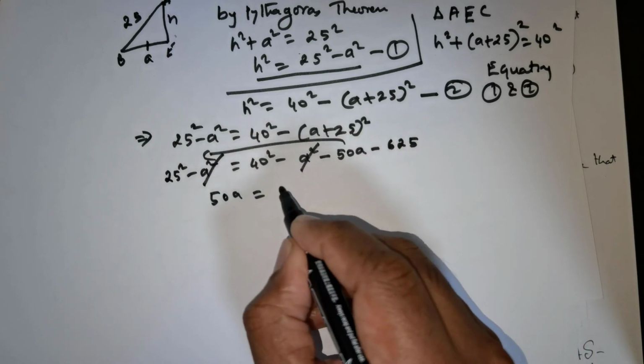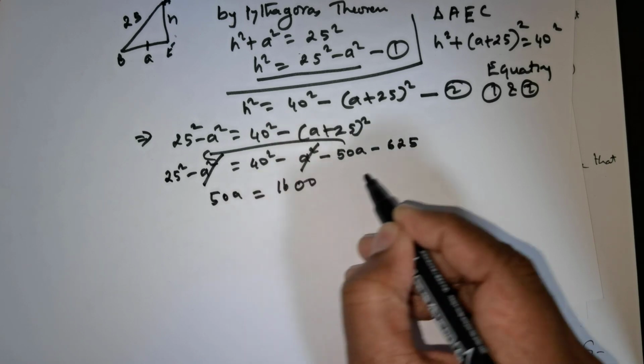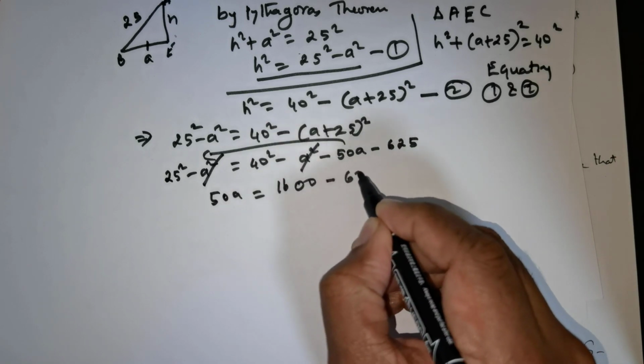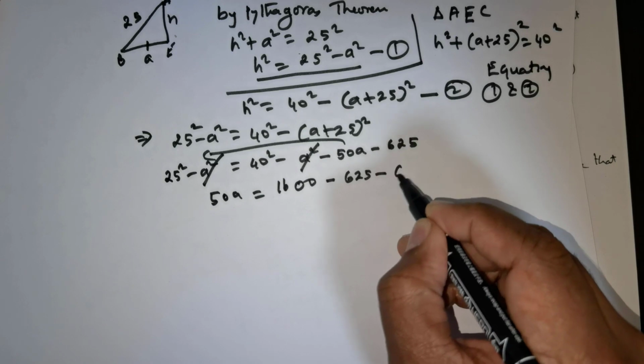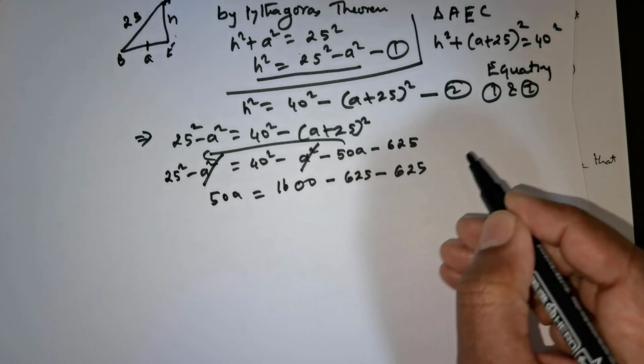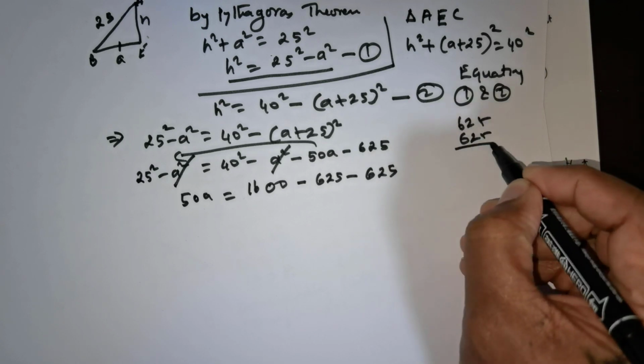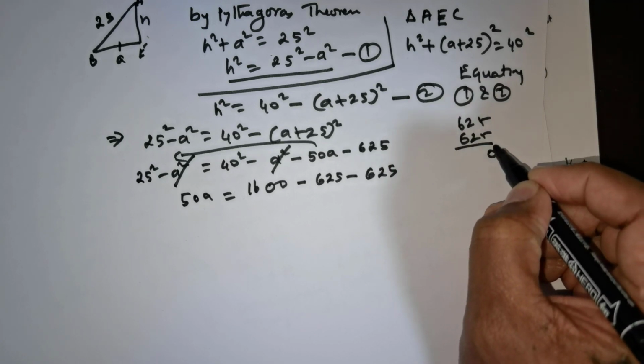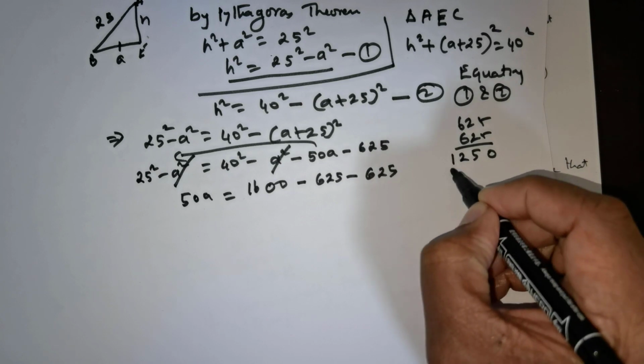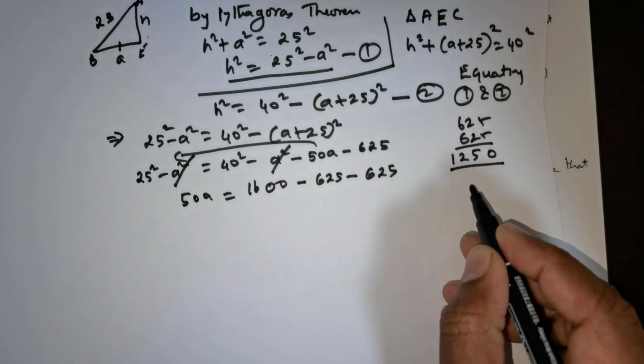This is 40 squared, 1600, followed by negative 625 and negative 625. So if we were to add this 625 with 625, 5 plus 5 is 10, 1 and 2 is 3, 6 and 6 is 12, that gives 1250.